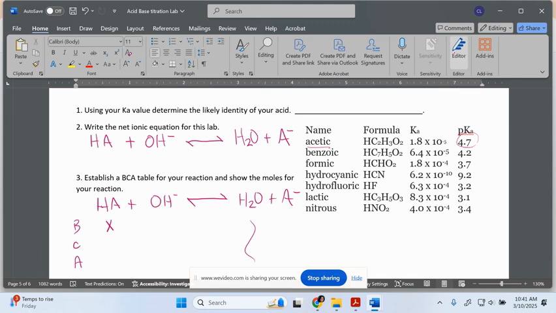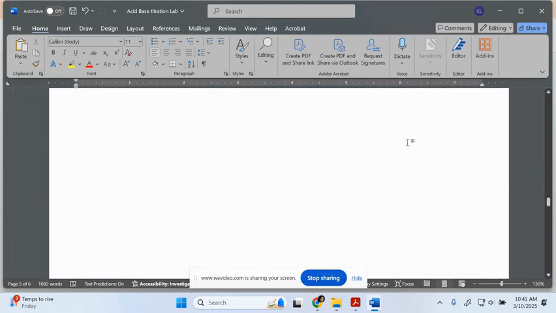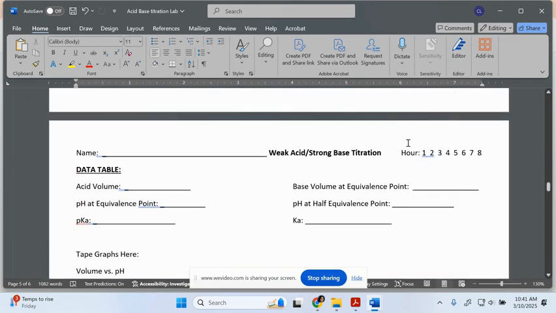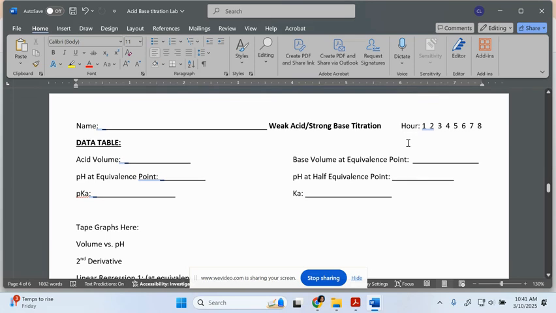We have added in a certain amount of OH. So you need to find your value from here, which you should have done one of those linear regressions to find out what your base volume at equivalence point was.